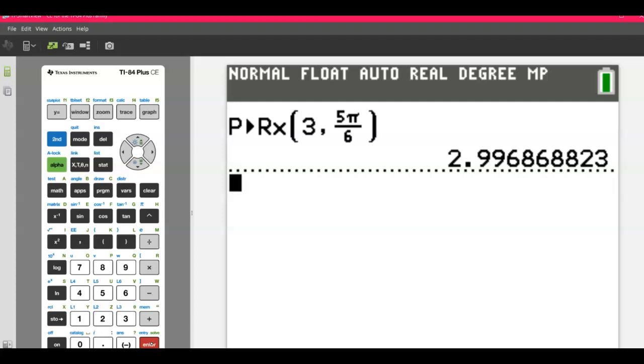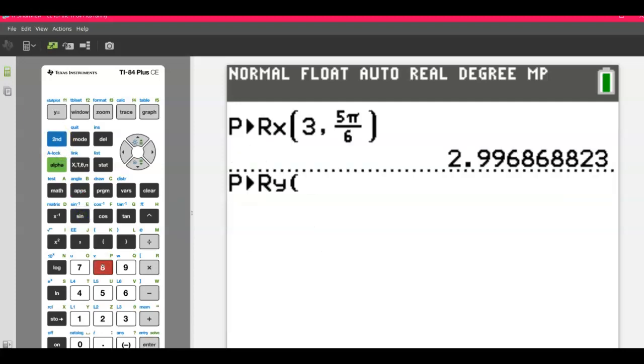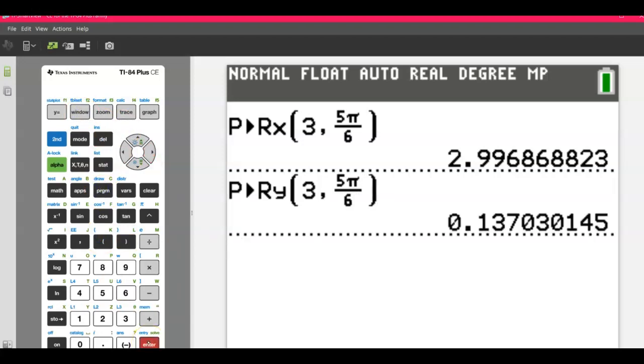And then number 8, 3, comma, oops, 5 pi over 6. And then there's your Y value. So that point, that's why it's wrong.